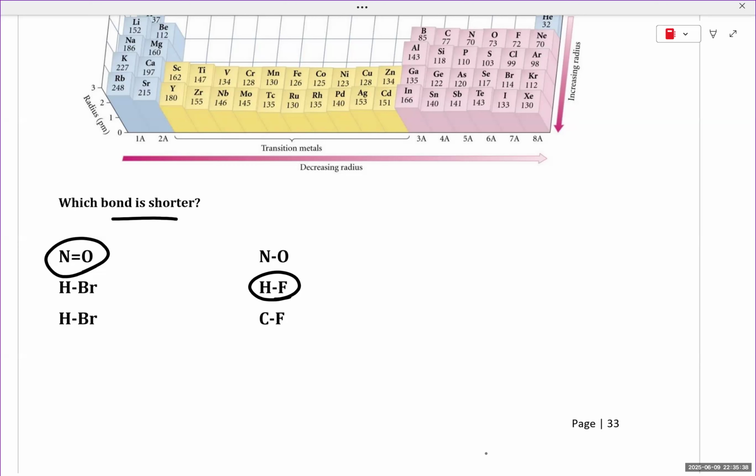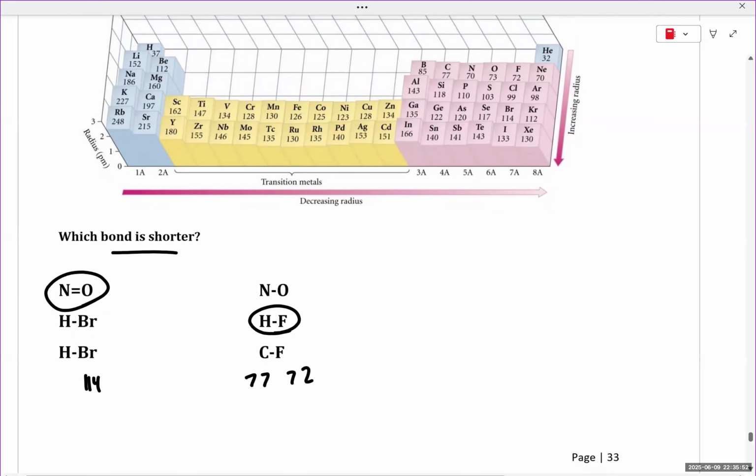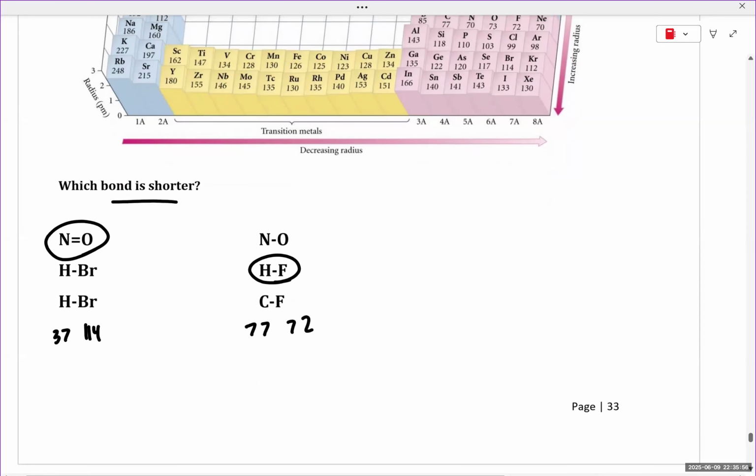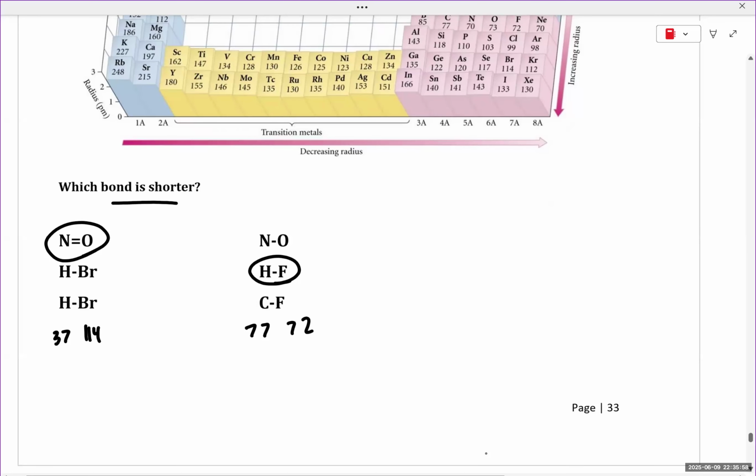So the carbon-fluorine bond, looking at our atomic radii, we have radii lengths of 77 and 72. For hydrogen and bromine, we have 37 and 114. Now in this case, because bromine is so large, this hydrogen-bromine bond is going to be longer than the carbon-fluorine bond.